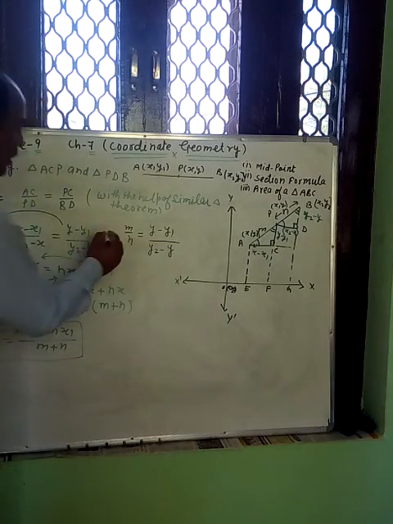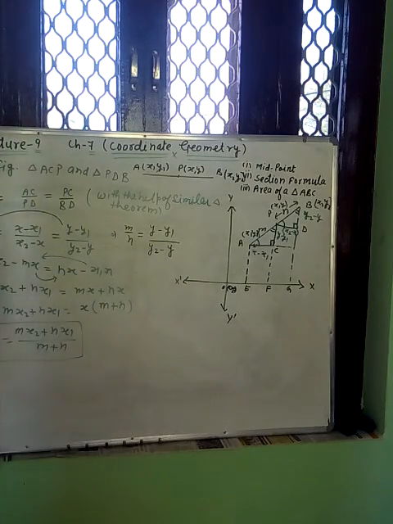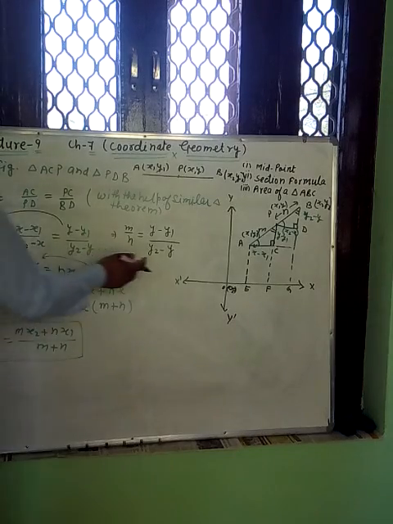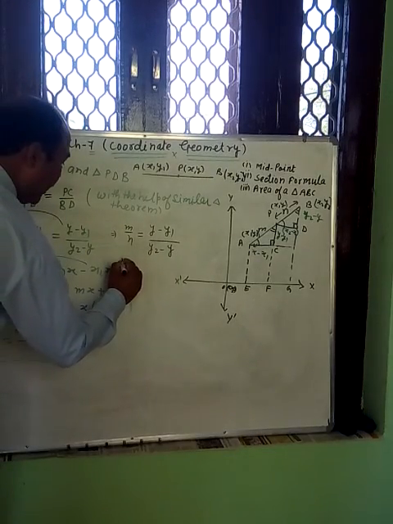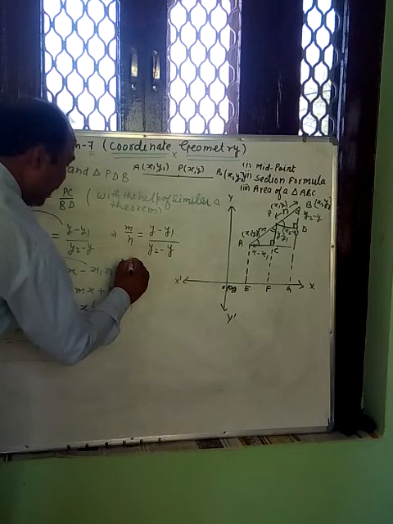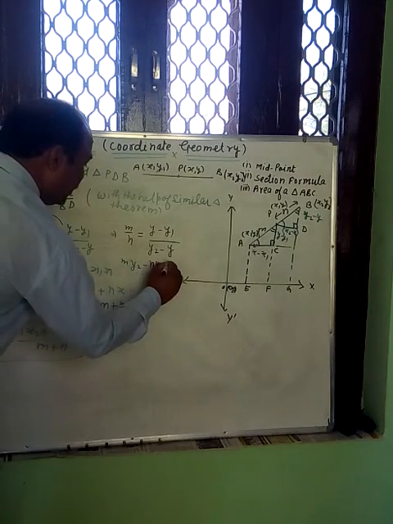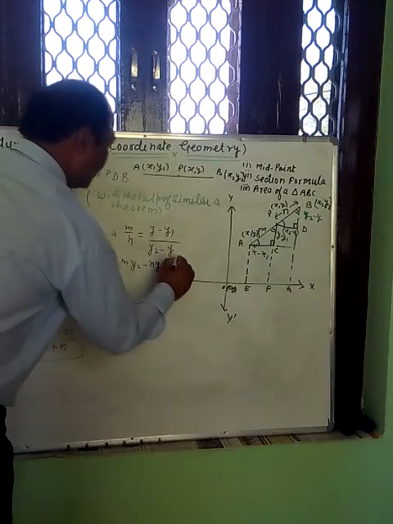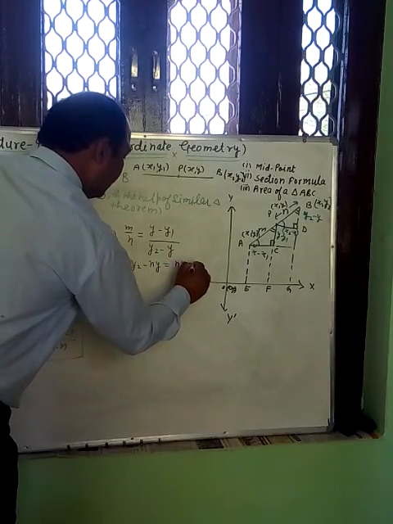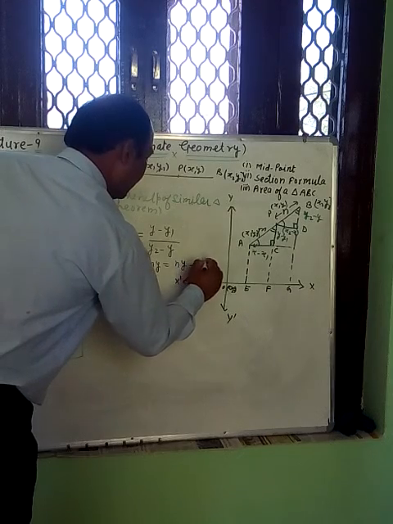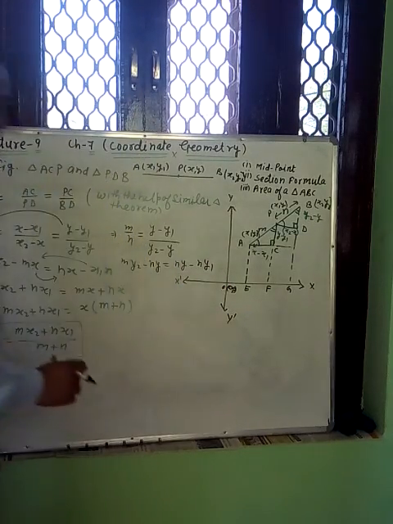By cross multiplication in a similar way, m y2 minus m y is equal to n y minus n y1.